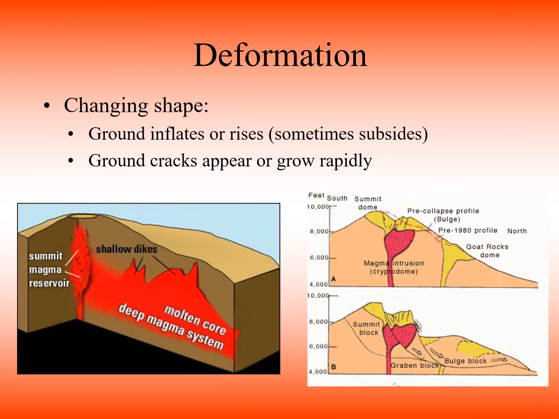Then we also get a change in shape. So deformation can begin to happen. That was like that bulge I was showing you. Here's a side cross section of something like Mount St. Helens. You've got a magma intrusion here. They're calling it a cryptodome. I don't expect you to know that, but I never call it that.